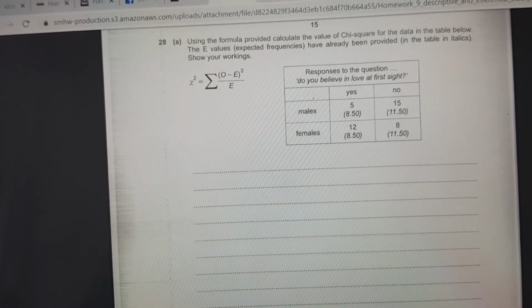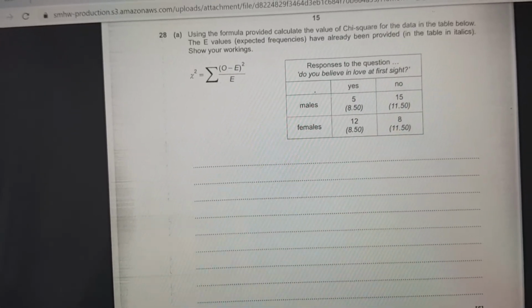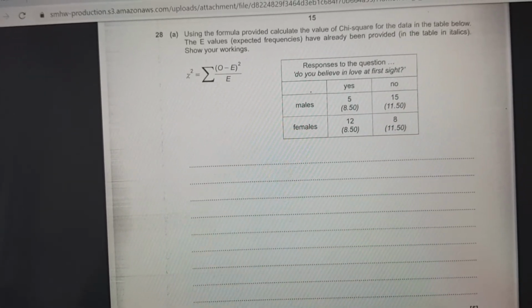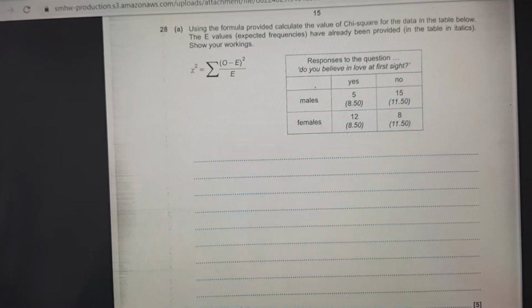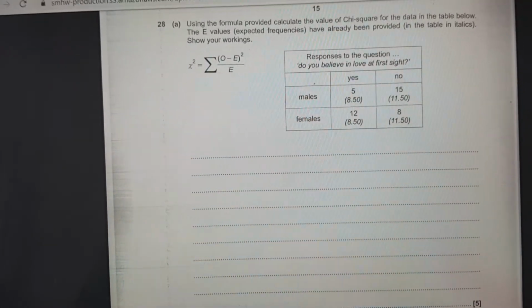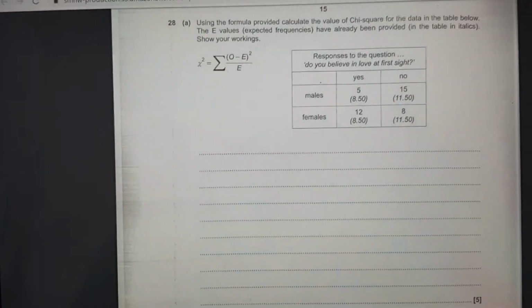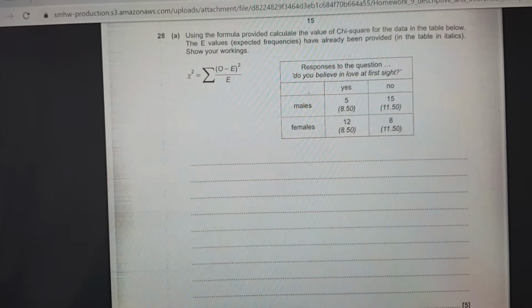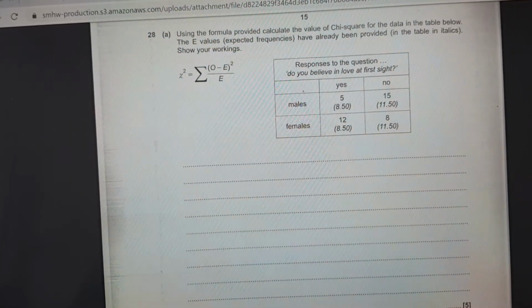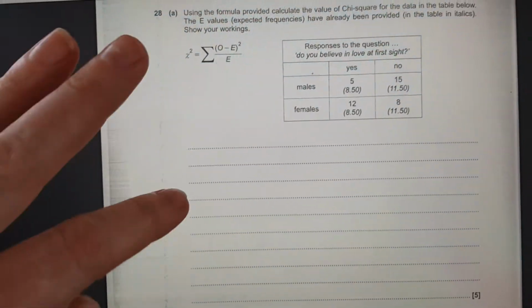So if it's a minus, it's going to change to a positive. And then you divide by the expected value, the one in brackets again. So you do that for each of the 4 cells, and then you add them up to give your calculated value of chi-squared. That's what sigma is asking you to do there. So more or less you're getting a mark for each of the cells correctly calculated, and then a mark for your overall value of chi-squared.